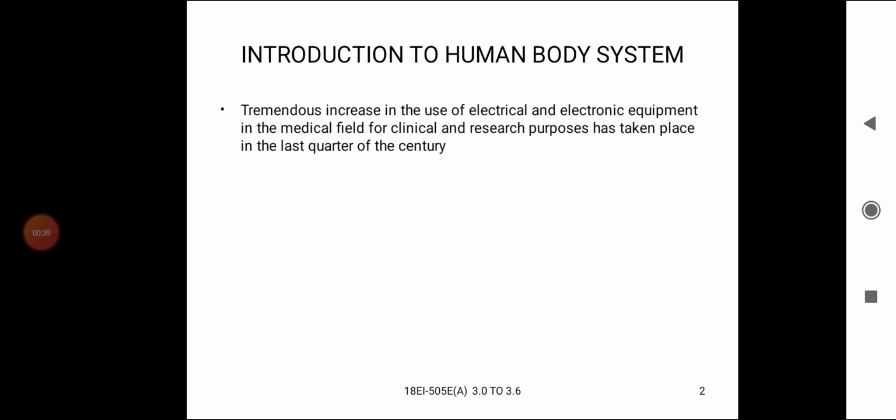There has been a tremendous increase in the use of electrical and electronic equipment in the medical field for clinical and research purposes in the last quarter of the century.